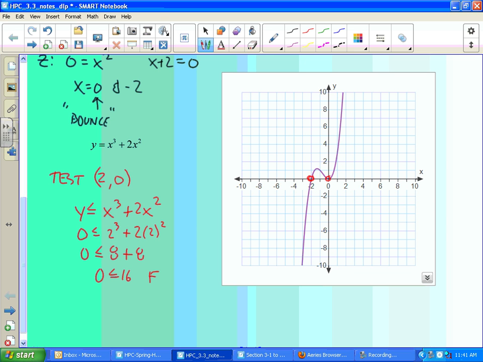I mean, yes, it is. It is true. What an idiot. This is true. So because 2, 0, which is here, is true, I'm going to shade on that side of my boundary, which means all my shading will happen over here.